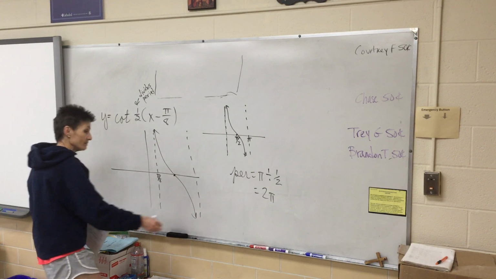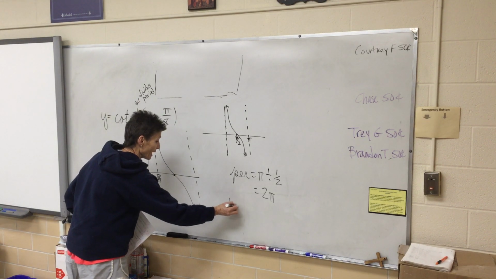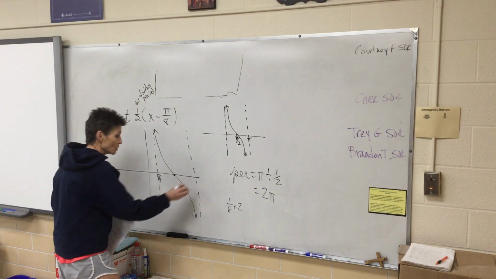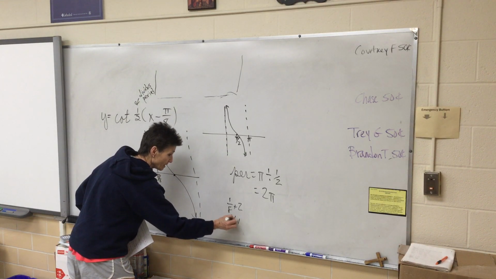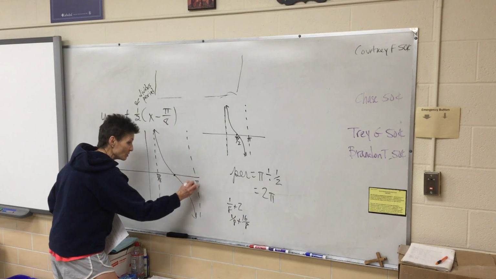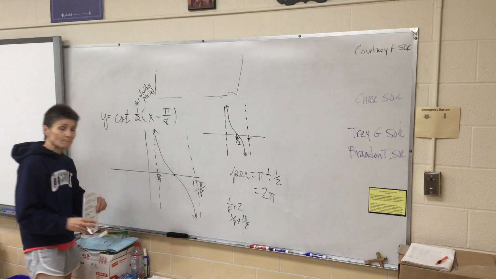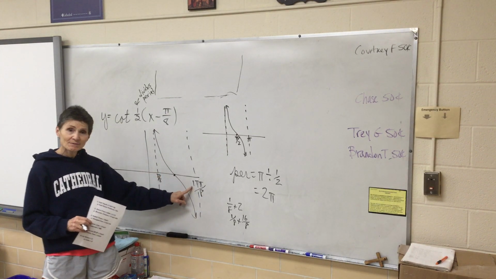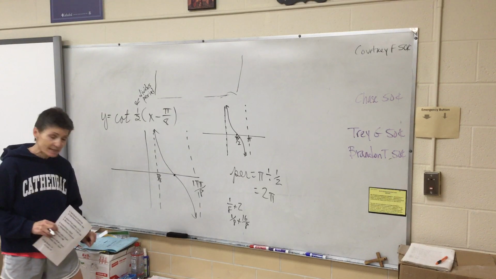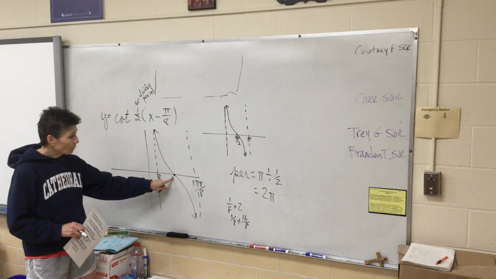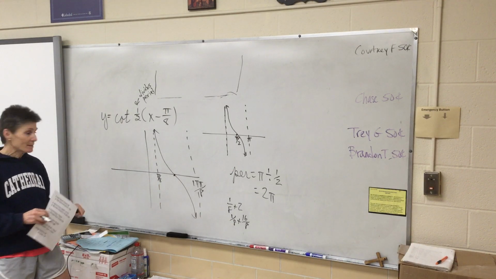So let's see, that's 1/8, and I have to add 2, excuse me, I have to add 2 to that. So this is going to be 1/8 plus 16/8 if I get a common denominator. So this is 17 pi over 8. The distance from 1 to 17 is 16/8. That point is always right smack dab in the middle.